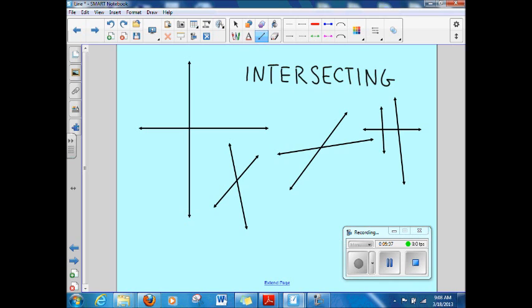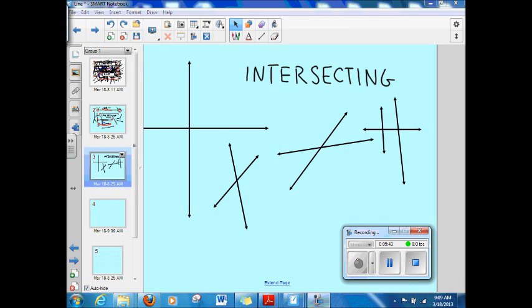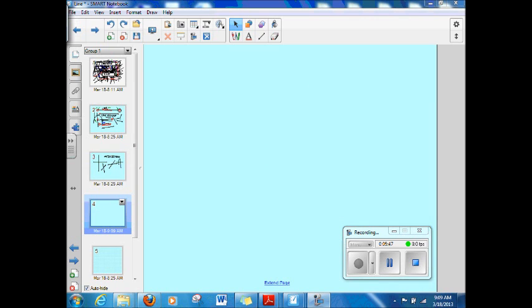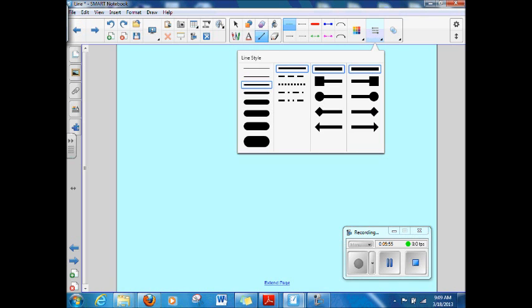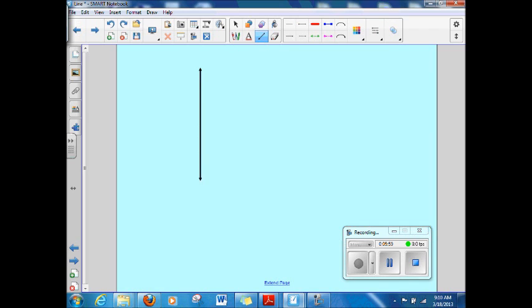Well, let's go and draw some other special kinds of intersecting lines. We're going to go to the next screen and draw some intersecting lines. And let's get our line tool maker here. We're going to have arrows on both ends. We have a line. This set of intersecting lines intersect in a special way.